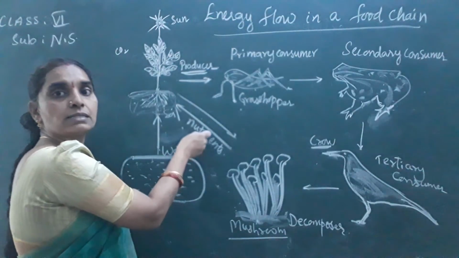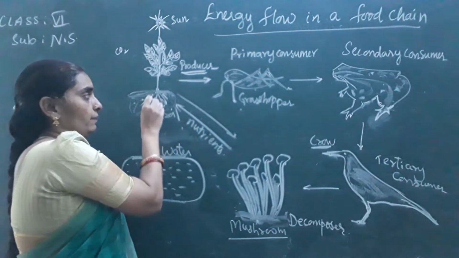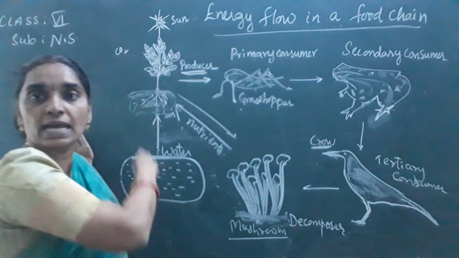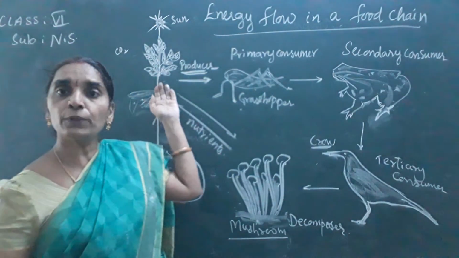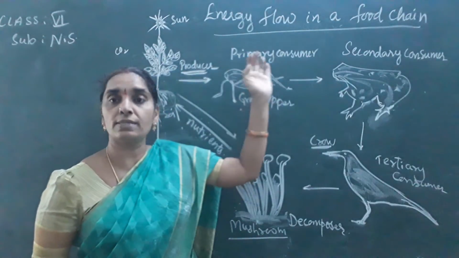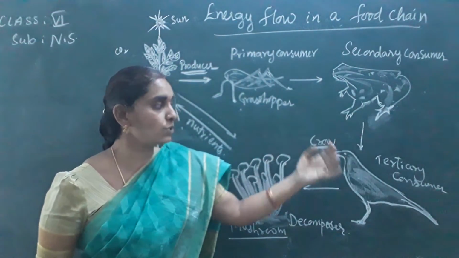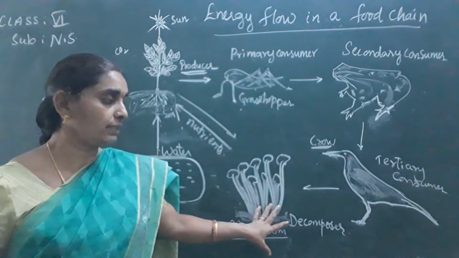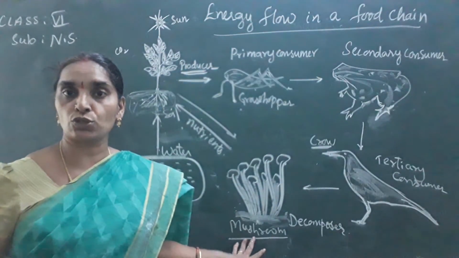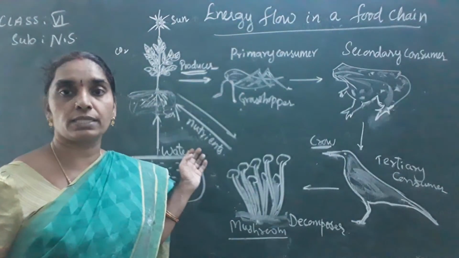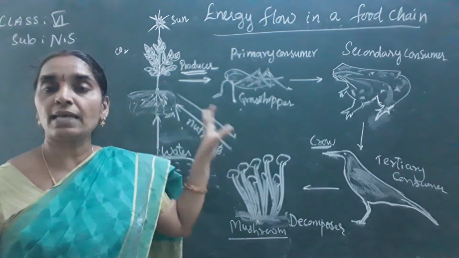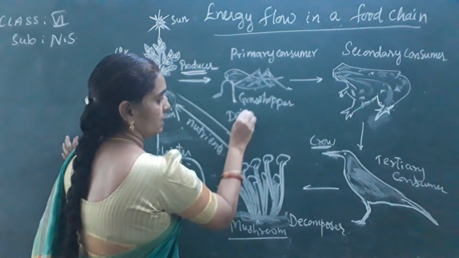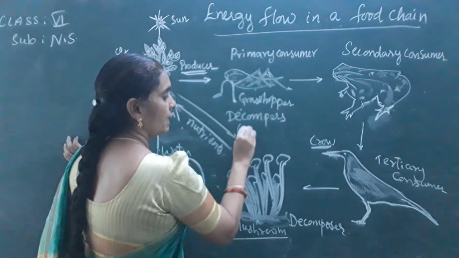Okay. Again the nutrients are supplied through the water from the roots to the plant, and in turn the plants are eaten by the primary consumers and again the secondary consumers, and the energy is transferred like this from the producers to primary consumers, primary consumers to secondary consumers, and secondary consumers to tertiary consumers, and finally when they die they are decomposed by the decomposers like mushrooms, and they return the nutrients to the soil, and hence as the energy is being recycled, these decomposers are called recyclers.